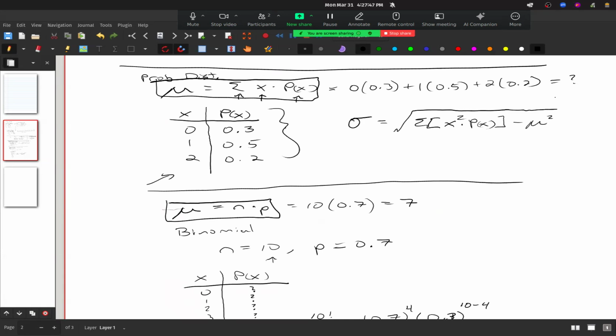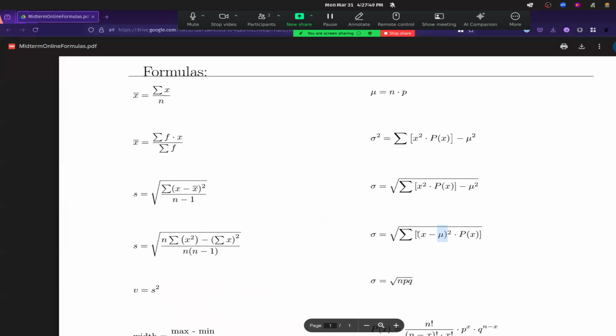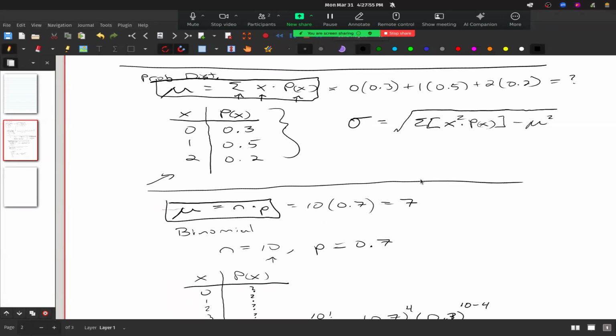But we could just as easily have picked the second formula. So either one works. What I would say is pick one of the two formulas that makes sense to you and just do that one every time and ignore the other one completely, because I'm never going to ask you to use one over the other.